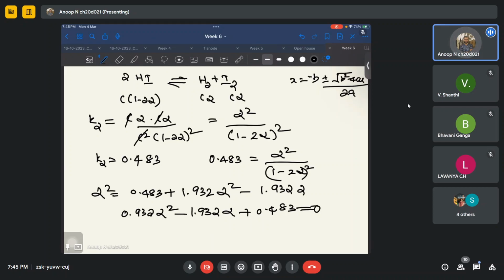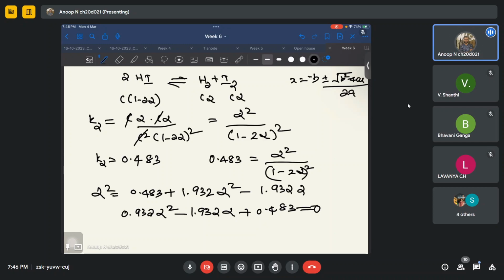So either you can use a calculator. Make sure that the alpha value cannot be greater than 1. You get two solutions. Probably one can be negative, one can be above 1, etc. So whatever comes within 0 and 1 only can be the solution. So what will be the value of alpha? You can use a calculator also now.